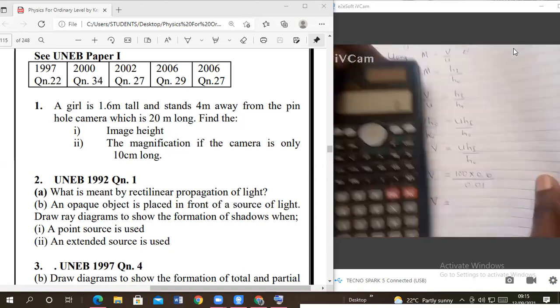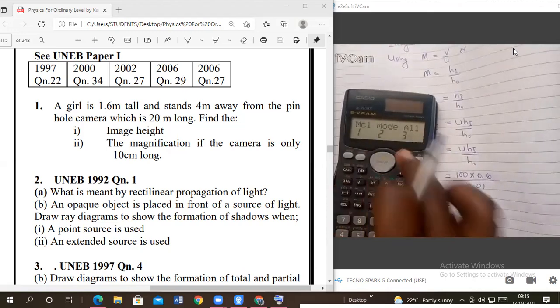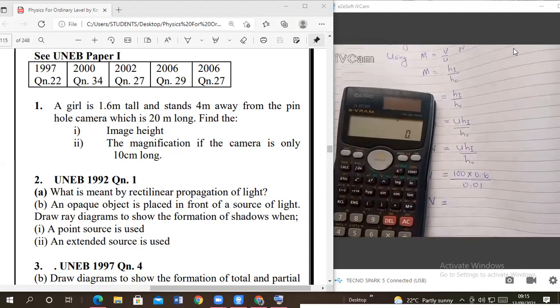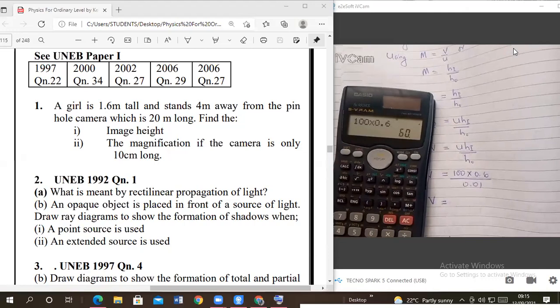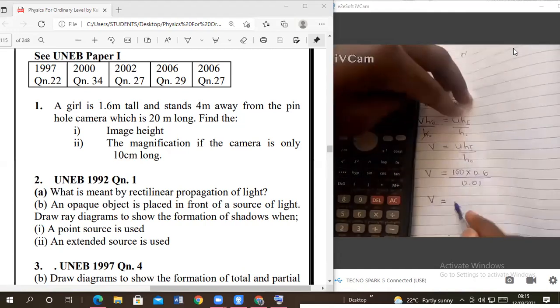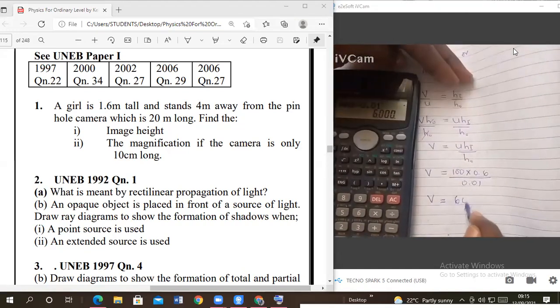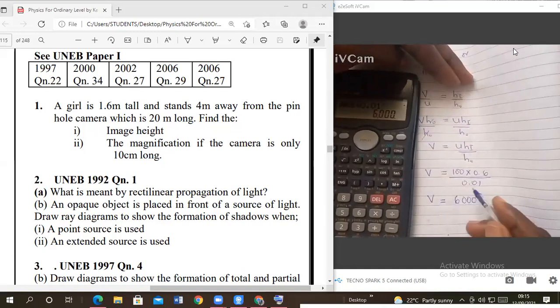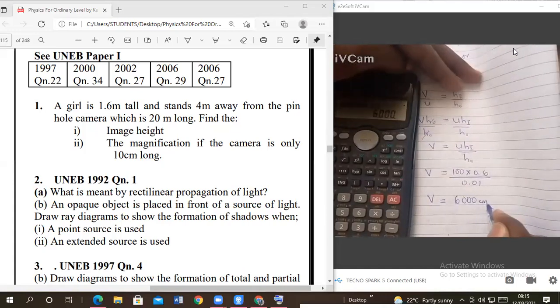So our V will be equal to 100 times 0.6 divided by 0.01. We get 6,000. So that is it. 6,000 what? What's the unit? Centimeters.